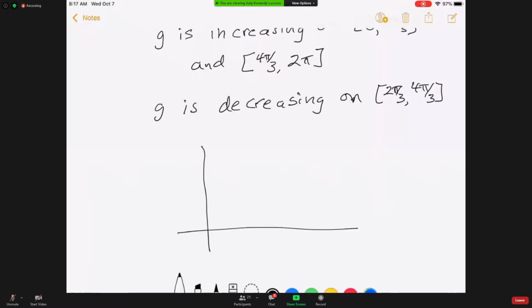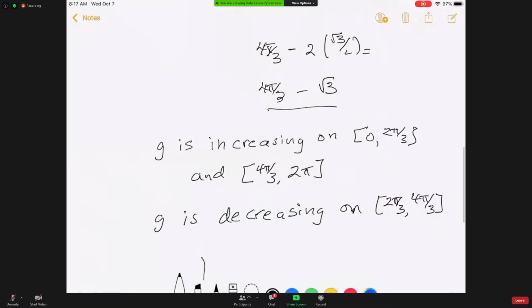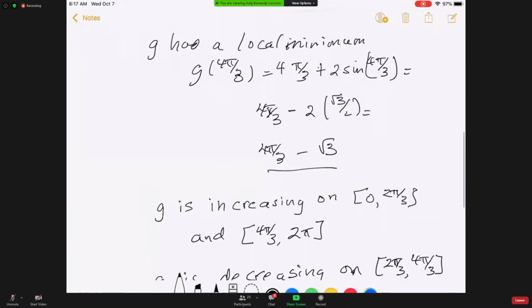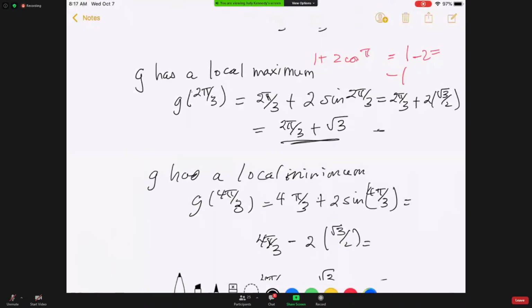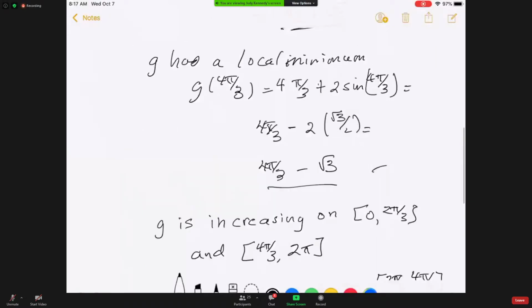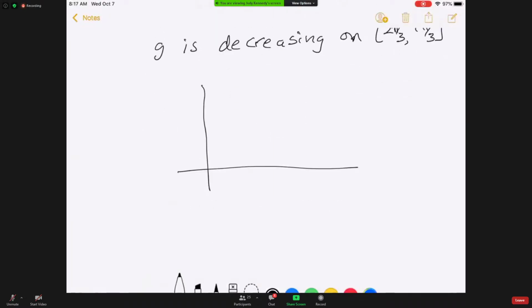Let's see, I have G at the critical points evaluated. Okay, we get that number and that number. What is it at the endpoints? The endpoints are 0 and 2 pi. So G of 0, okay, it's x plus 2 sine x. So 0 plus 2 sine of 0 is 0.